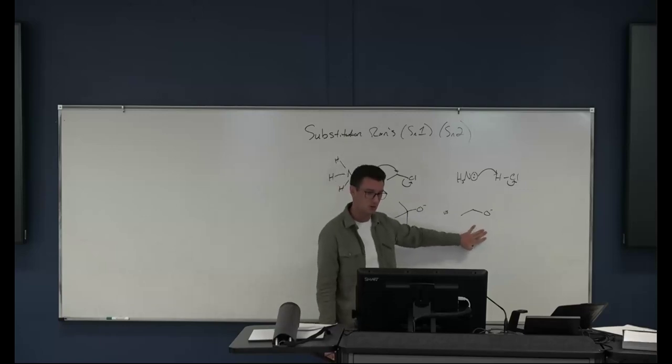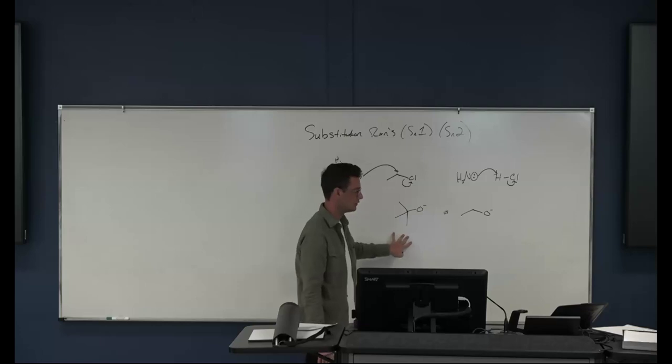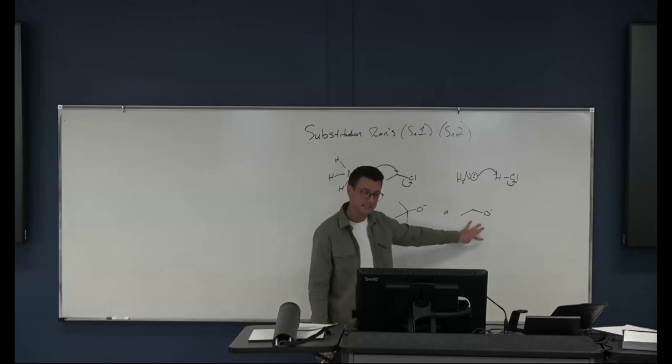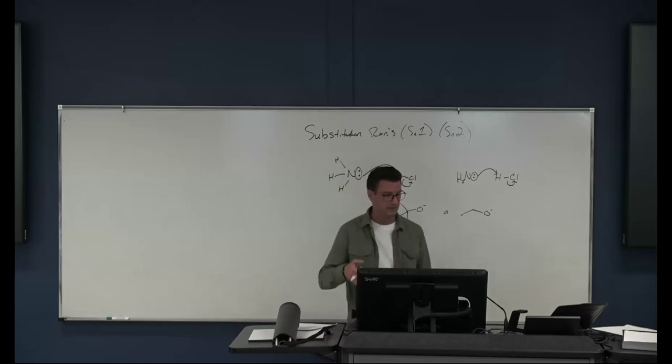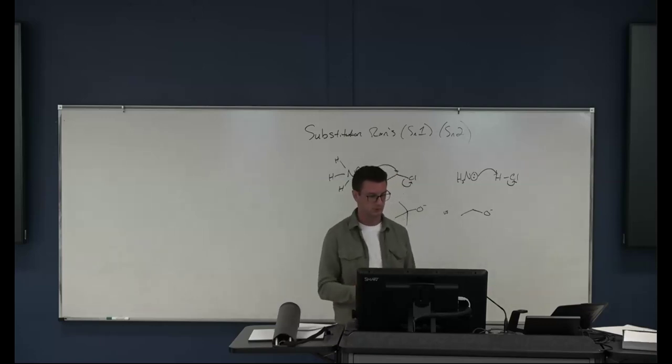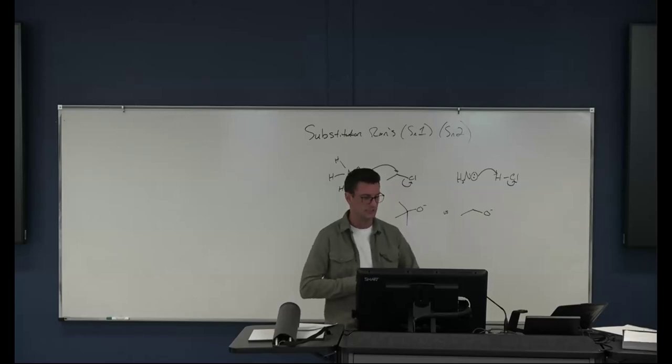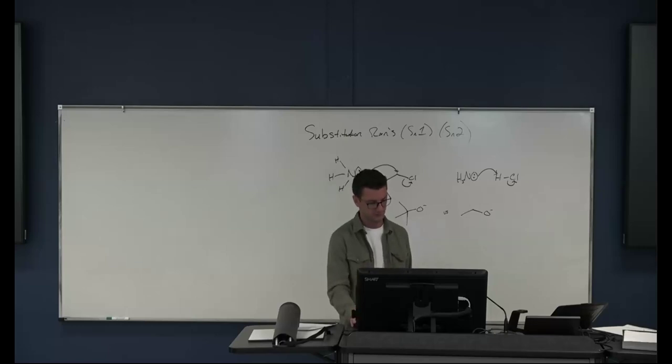This molecule as a whole is smaller than this one. So this one is going to find it easier to come into a crowded area and take the space or replace the leaving group that was there on another molecule. That's why smaller molecular size will tend to make something a better nucleophile.